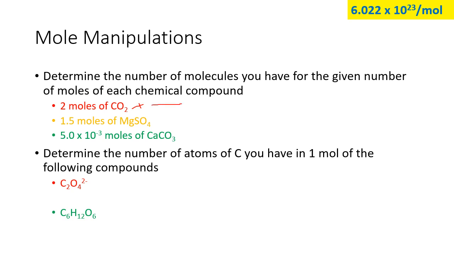And since Avogadro's number can apply to literally anything, I'm going to put moles down here, and we're going to put 6.022 times 10 to the 23rd in the numerator. And 10 to the 23rd what? Molecules of CO2.